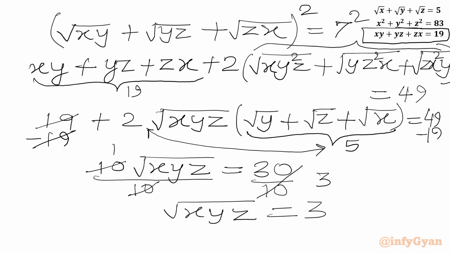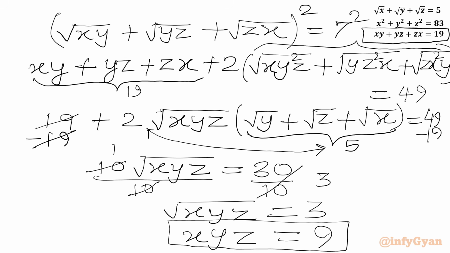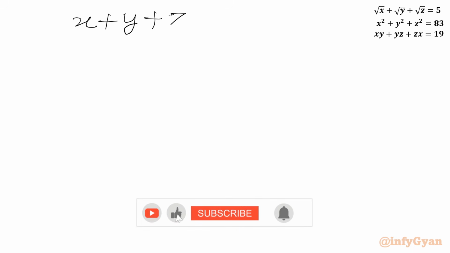Now we will consider squaring both sides. We will be getting xyz equal to 9. And this would be our equation number 6. Now I need to write 3 equations only. First equation would be x plus y plus z value is 11.